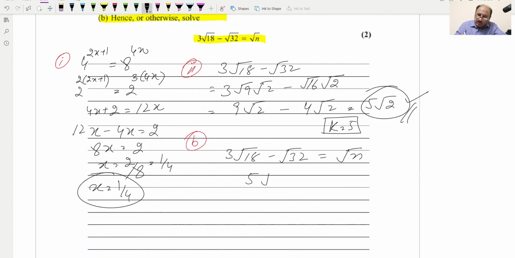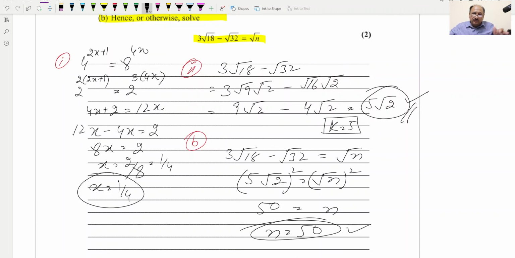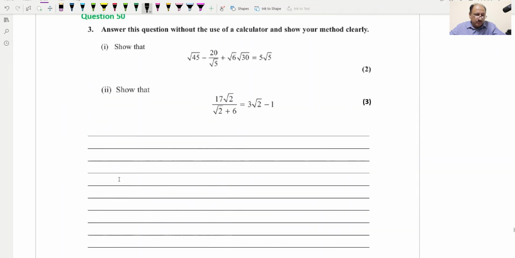So 5 under root 2 is equal to under root n, and we can take square on both sides. So squaring on both sides, this side will be n is equal to 25 into 2 will be 50. So n is equal to 50 will be our answer for this part, which is also a 2 marks question which we have done. Hopefully you understood this.